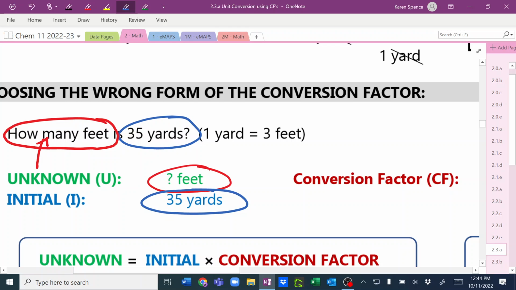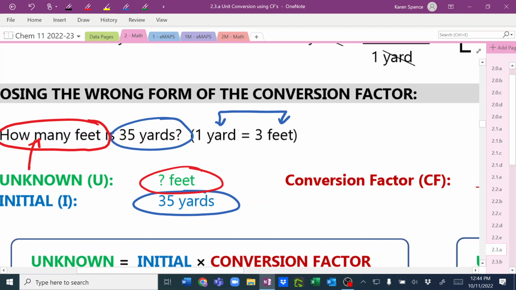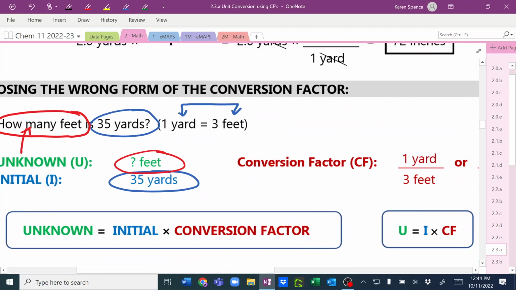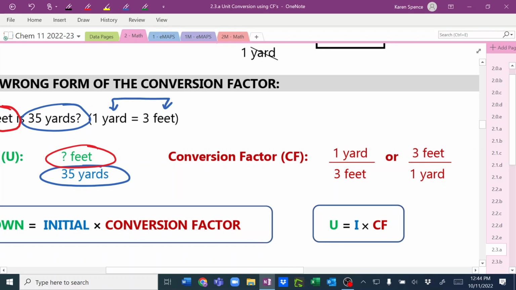And we are given a conversion factor between yards and feet. So we could write that conversion factor as either we could put the 1 yard on the top and the 3 feet on the bottom, or we could put the 3 feet on the top and the 1 yard on the bottom.